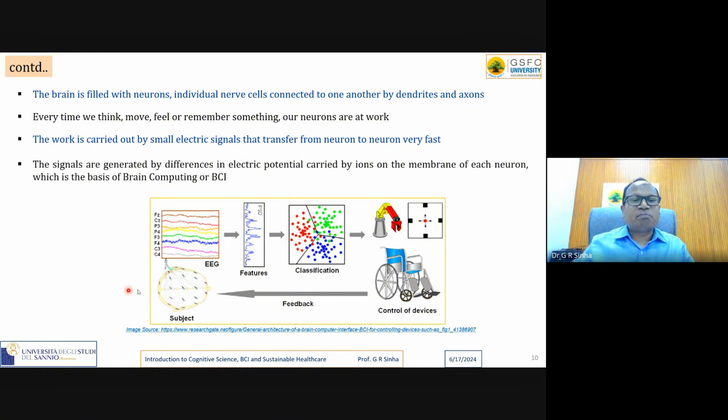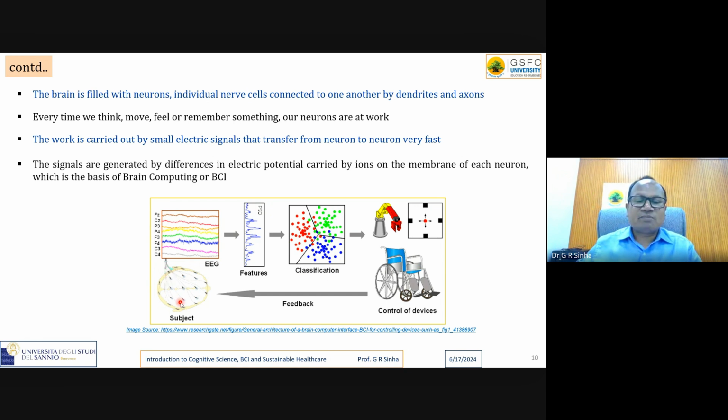From a particular person, you capture EEG, it goes to feature extraction, you create the feature vectors, then you classify those features, and it can be used for different applications like controlling devices or solving the problem of brain disorder or disability. Or you can also generate some feedback signal and give feedback to the human brain again, and this completes the closed loop. So this is just an example of BCI. Why is it BCI?